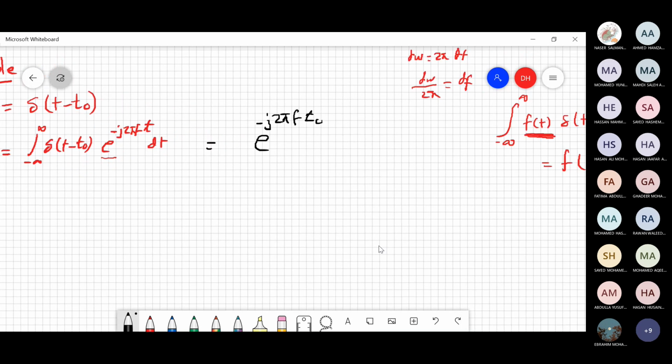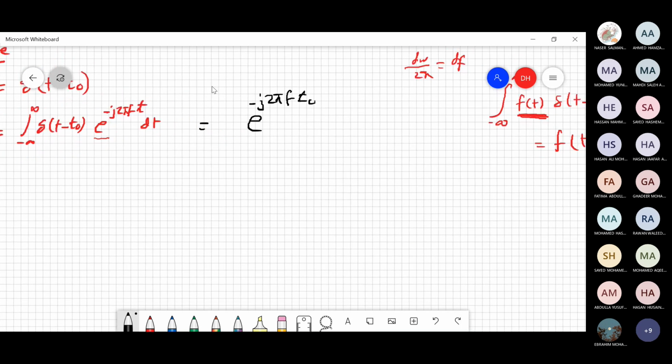Okay. If you try to plot the spectrum for this one, we have two things: the magnitude spectrum, the magnitude of x of f, and the angle of x of f.